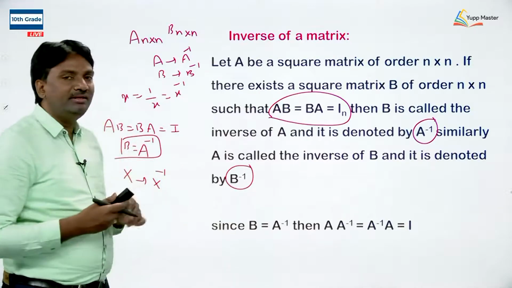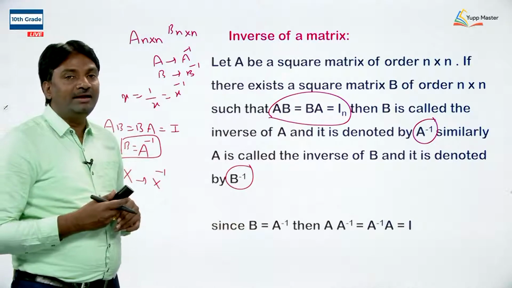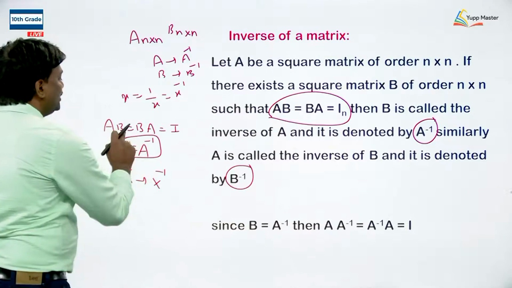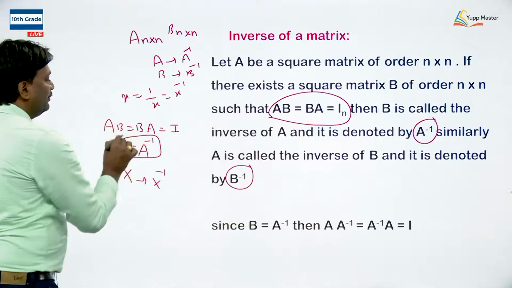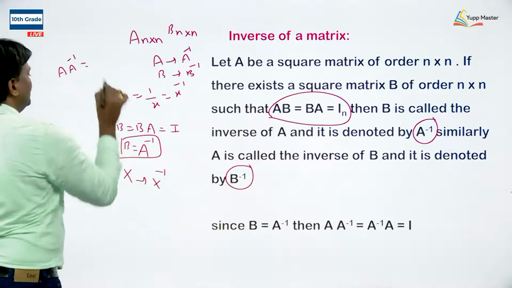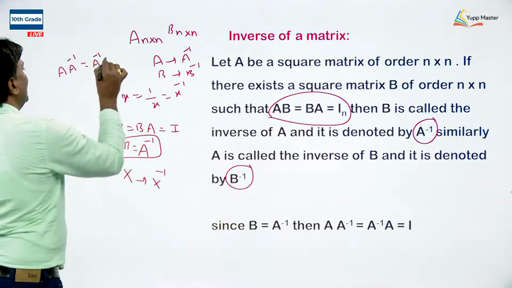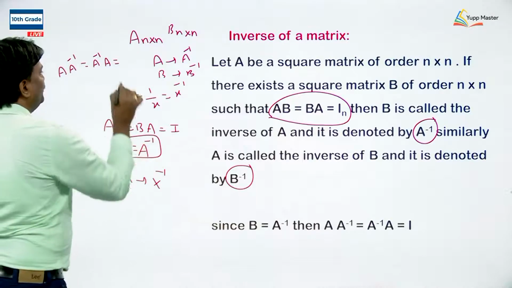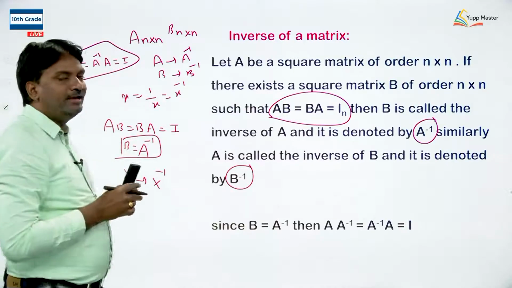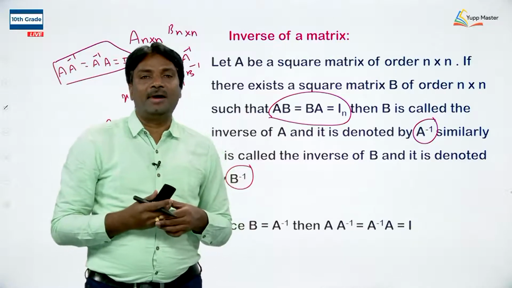Then B is known as the inverse of the matrix A, and the inverse of the matrix A is denoted by A inverse. So, since B equal to A inverse, in place of B by writing A inverse, A into A inverse equal to A inverse into A equal to I. This is the most important formula, A into A inverse equal to A inverse into A equal to I, the identity matrix.